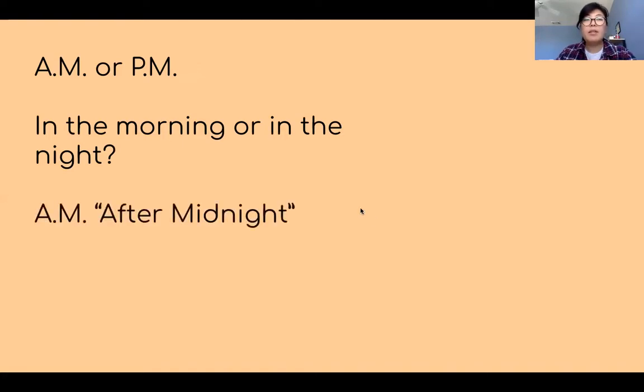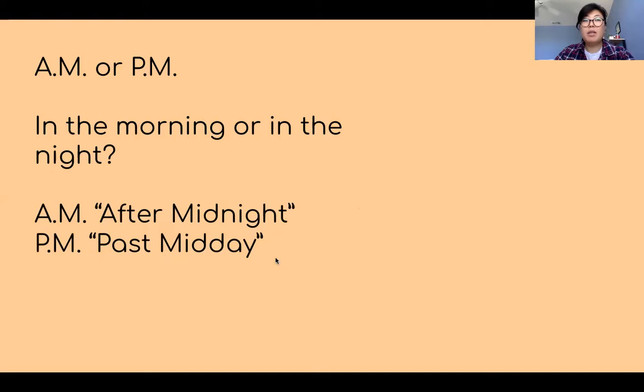Now a good way to remember: A stands for after and M stands for midnight. So you can remember AM by remembering that the time is after midnight. Midnight is usually in the middle of the night at 12 a.m. So after midnight.